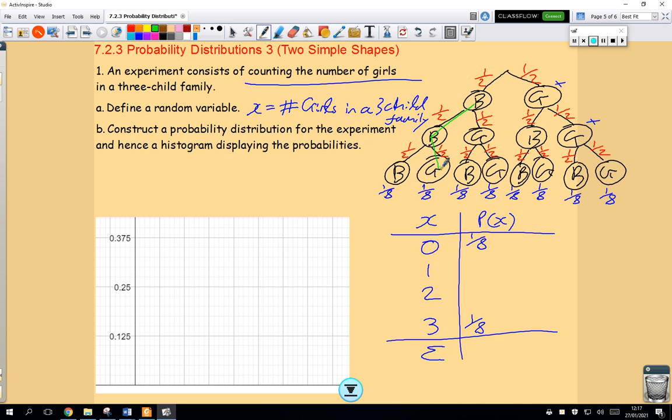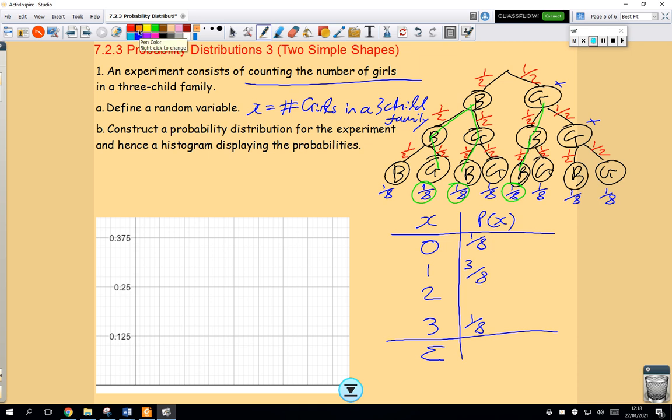There's 1 girl in each of those. There are no others where there is 1 girl. So the probability that there's 1 girl is that 1/8 plus that 1/8 plus that 1/8. That's going to add up to 3/8. So there's a 3 in 8 chance that there will be exactly 1 girl in the house.